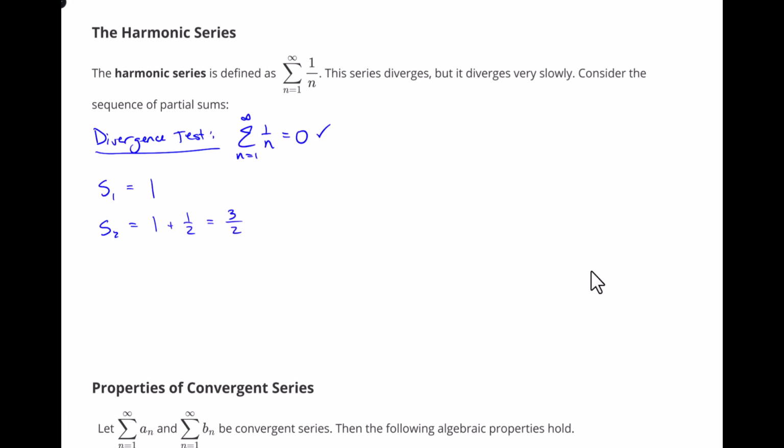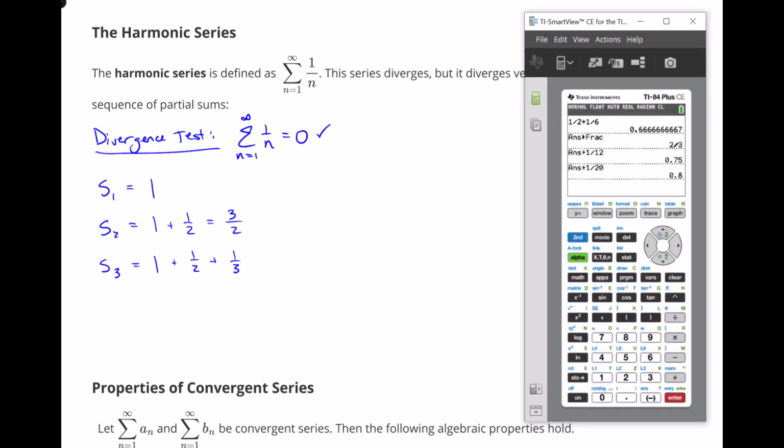1.5 or 3/2. The sum of the first 3 terms would be 1 plus a half plus a third. If I add those together, that, as a fraction, would be 11/6.